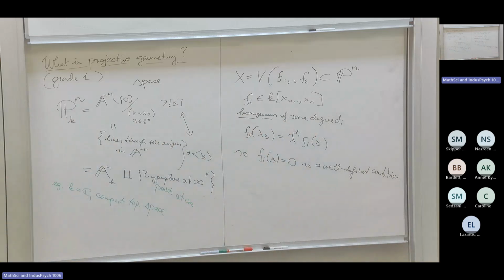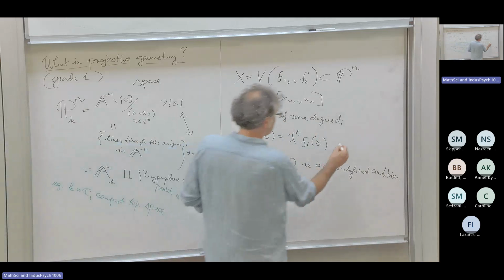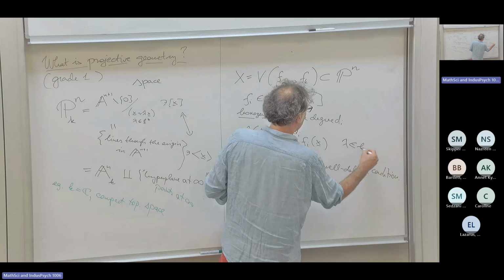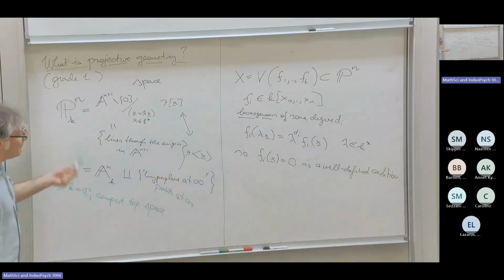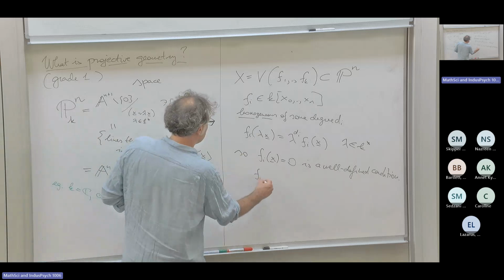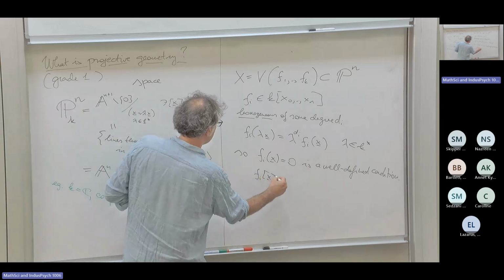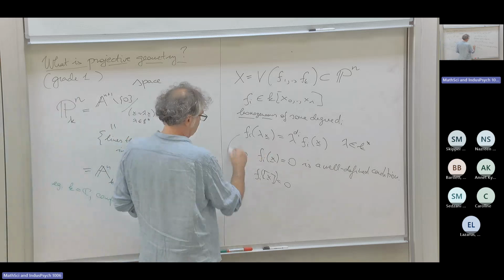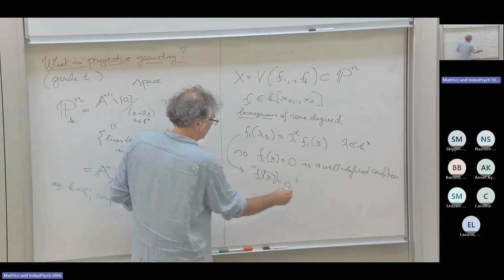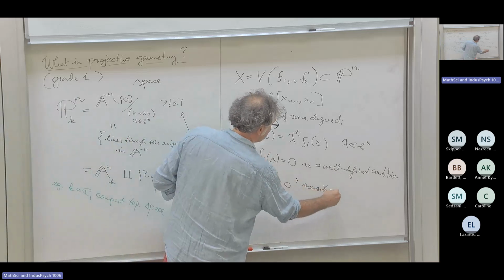This is the basic trick in projective algebraic geometry. Here lambda is a non-zero constant. So I can say that Fi of the equivalence class of x equals 0 makes sense because of this.